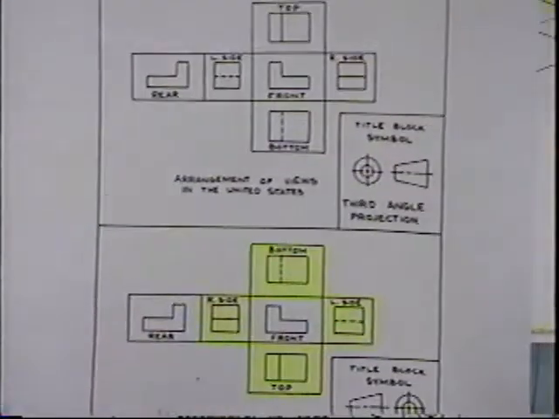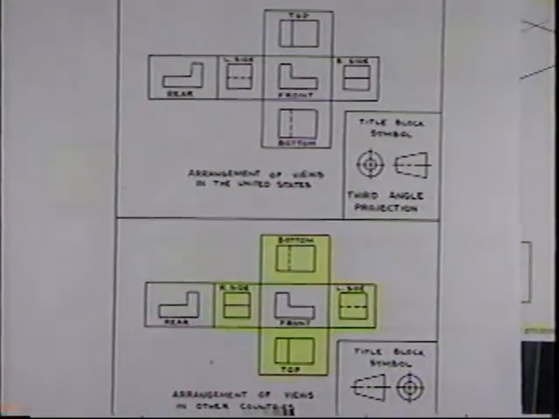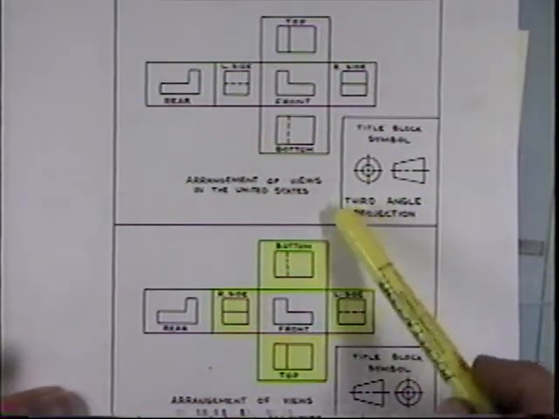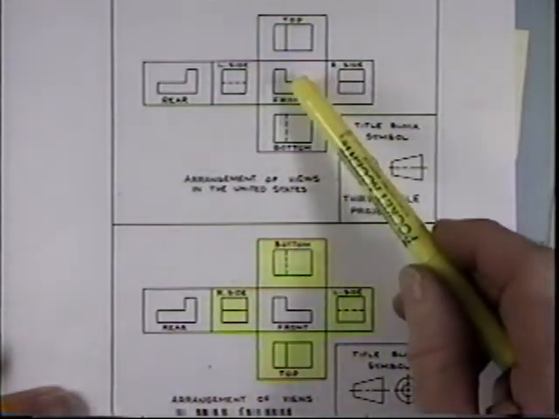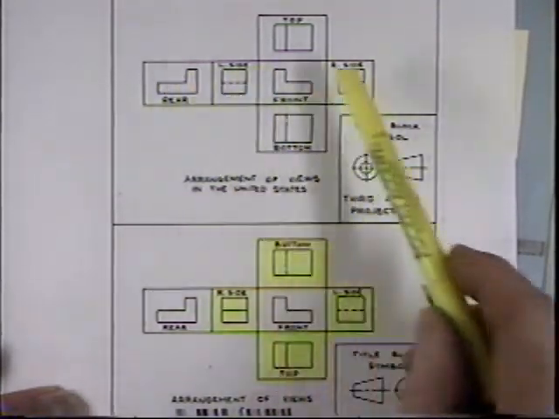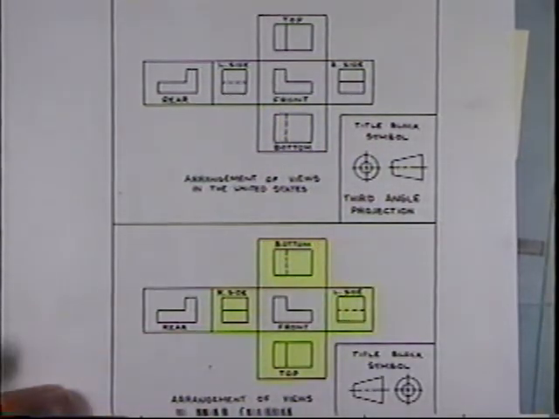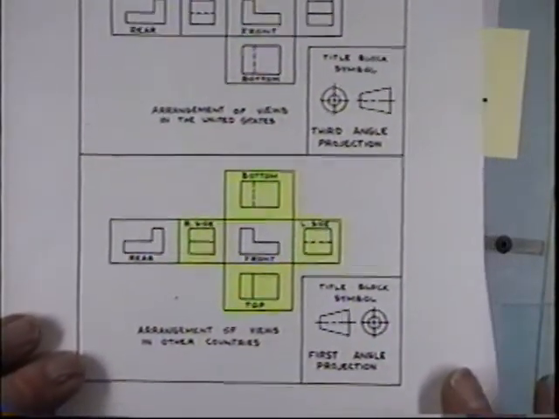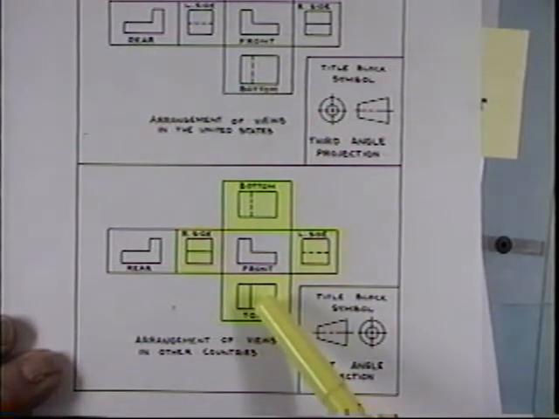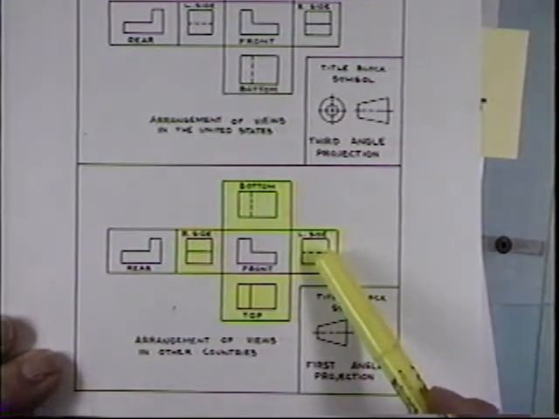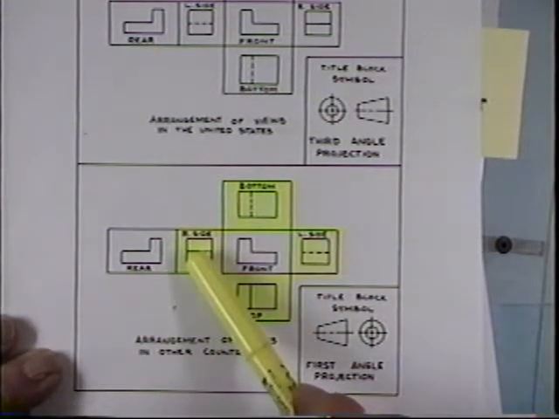I think if we use a graphic and compare the two systems, a good graphic might be what we see here, and that is the third angle projection that we use in the United States. We establish a front, a rear, a right side, a left side, a top, and a bottom, and we see a lot of logical geometry. In first angle projection, the top becomes the bottom, the right side becomes the left, and the left side becomes the right side.